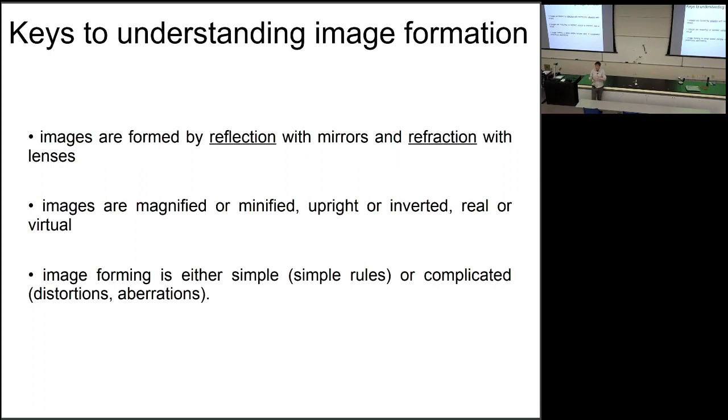So simple rules that use diagrams, ray tracing, simple rules that use formulas to figure out the image properties. If you went deeper into the problem, it's actually a much more complicated world, and we're not going to touch on that. We're just going to touch on the simple rules for image formation.